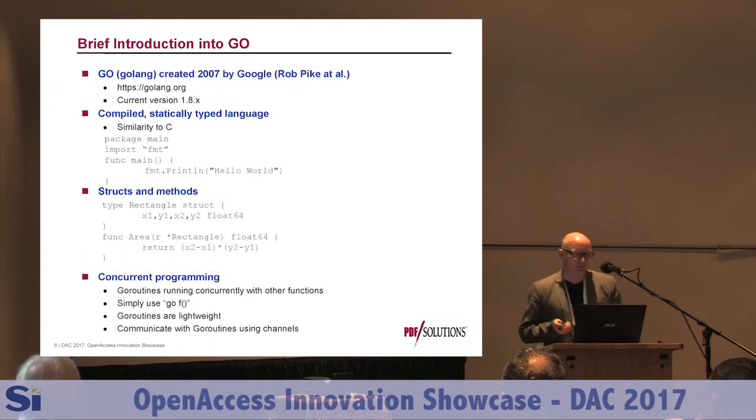Now, a brief introduction to Go. Go was created in 2007 by Google, with Rob Pike et al. as the main drivers. You find everything about it at golang.org. Its current version is 1.8, and it came around when I was initially working on this idea.